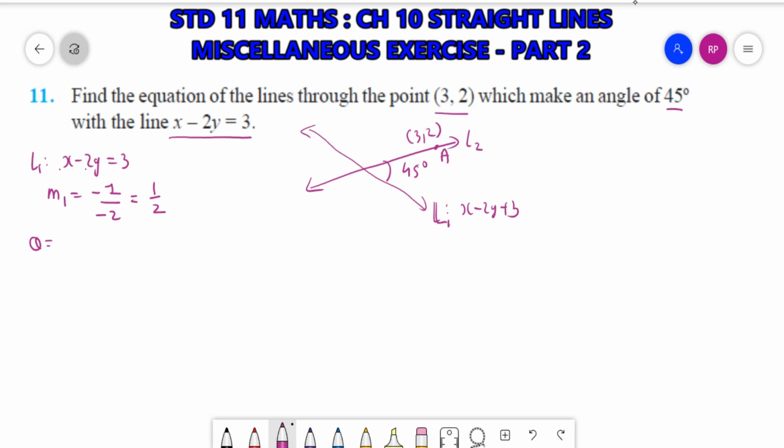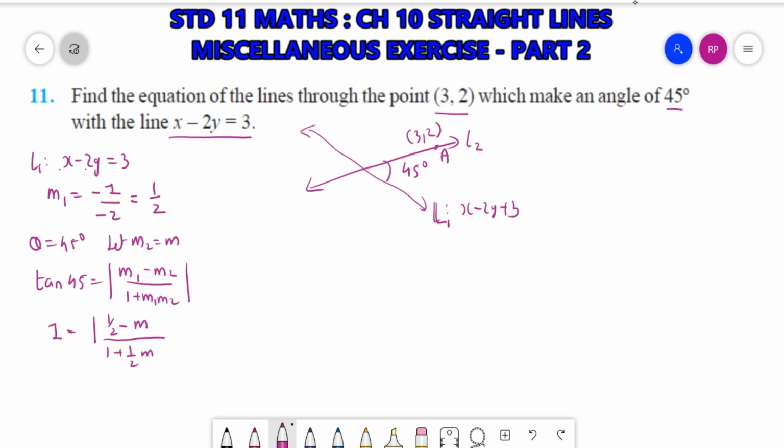Now theta is equal to 45 degrees. We know the formula for the angle between two lines: tan theta equals the modulus of (m1 minus m2) upon (1 plus m1 m2). So tan 45, that is 1, equals m1, that is 1 by 2, minus the slope of L2 which we take as m, upon 1 plus 1 by 2 m.